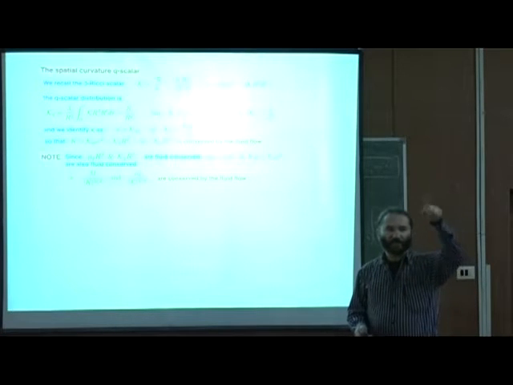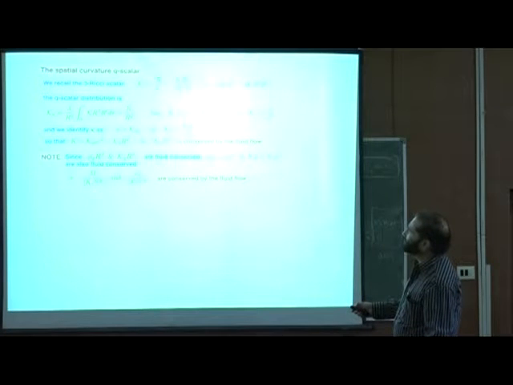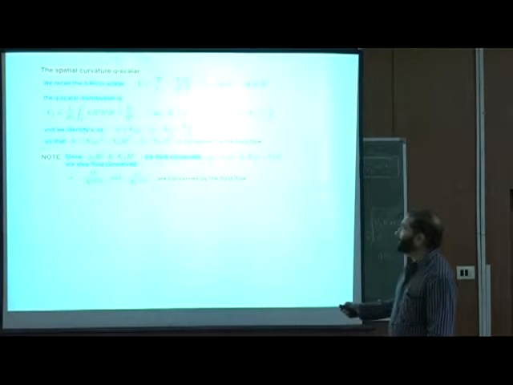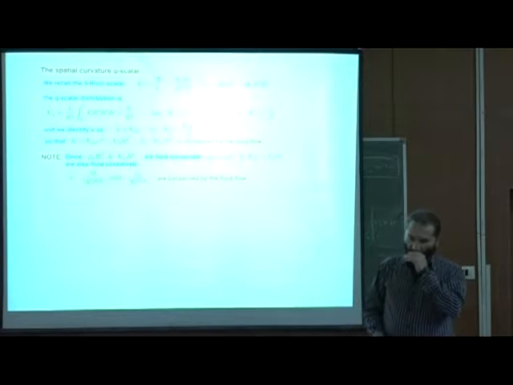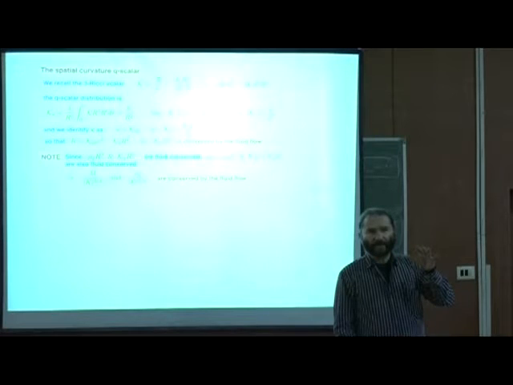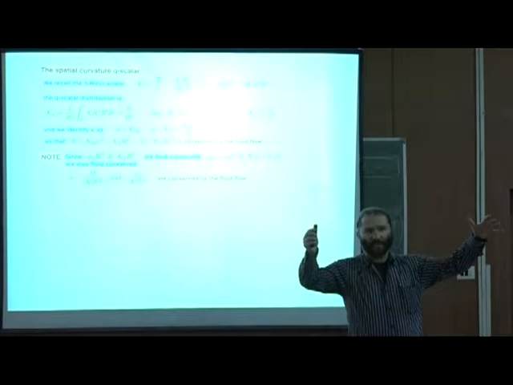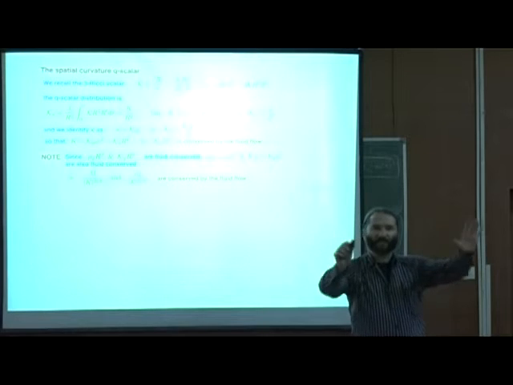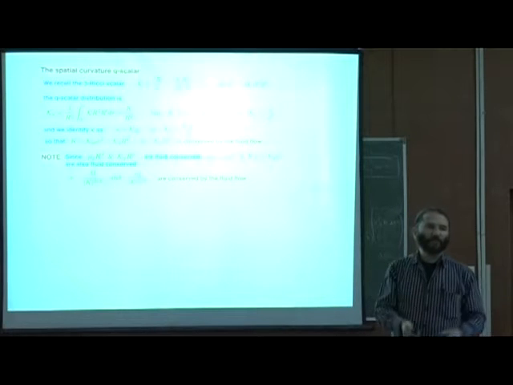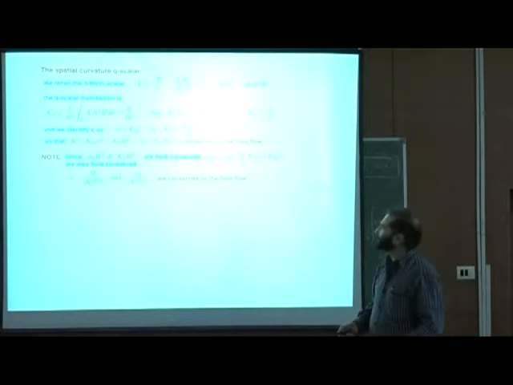We raise to the power 3/2, right? And so this quantity and consequently this one also are conserved by the fluid flow. This quantity is important because, as we will see later, this quotient generates growing modes of dust. But we'll see that later. For now, it's just a quantity that is conserved by the fluid flow. Okay?